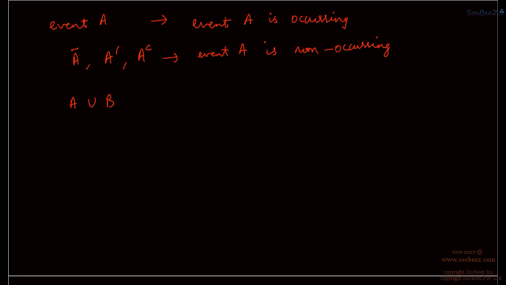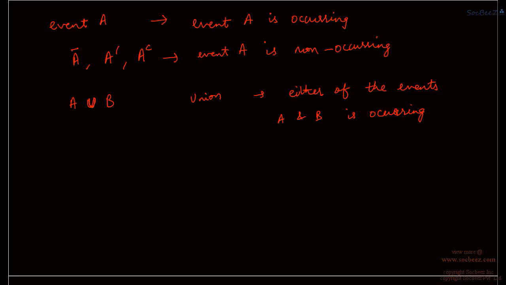The next we have is A union B. So this symbol stands for union. And this means either of the events is occurring. We can have both the events occurring too.